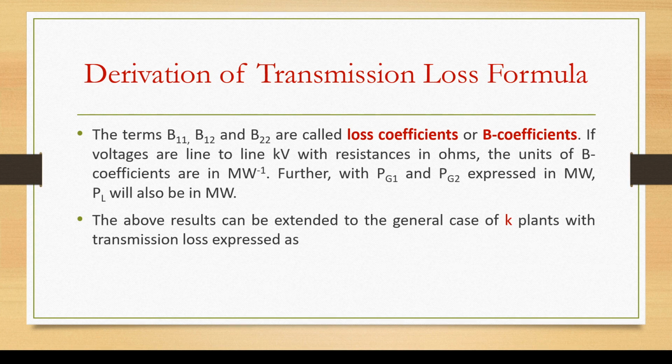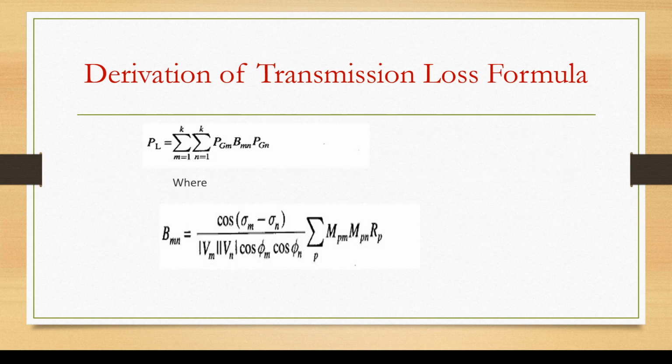The above result can be extended to the general case of K plants with transmission loss expressed as PL equal to summation M equal to 1 to K, summation N equal to 1 to K, PGM BMN PGN, where BMN is equal to cos sigma M minus sigma N by mod VM mod VN cos phi M cos phi N, summation P MPM MPN RP.